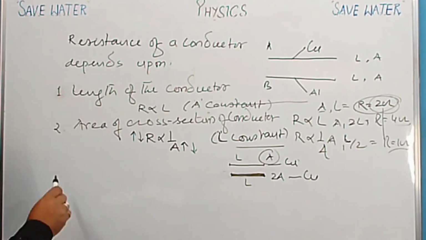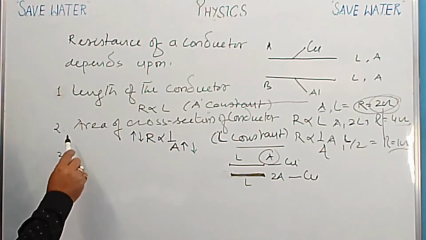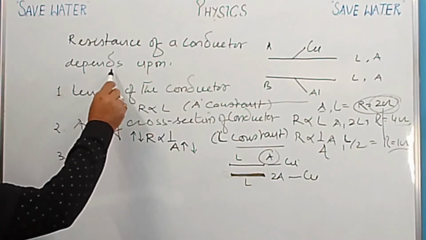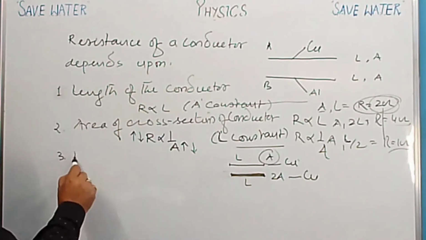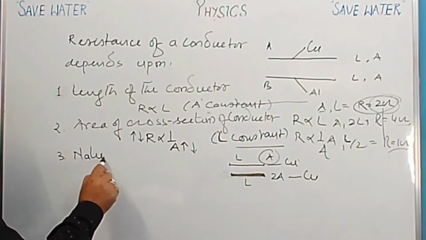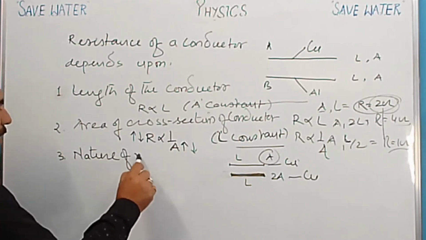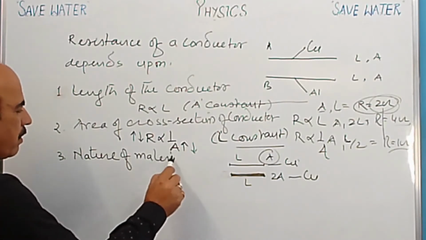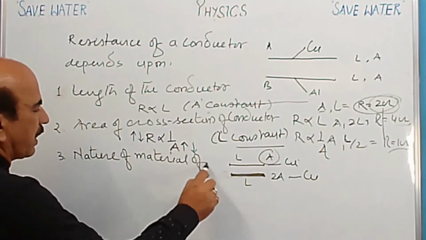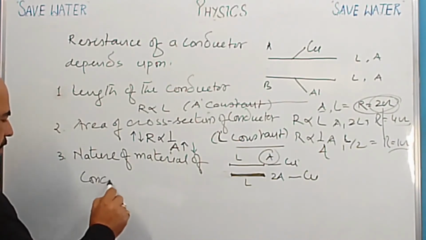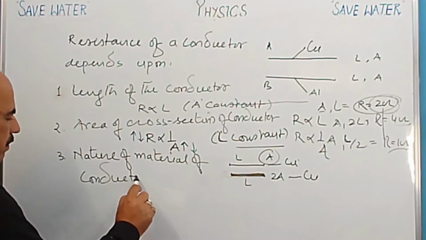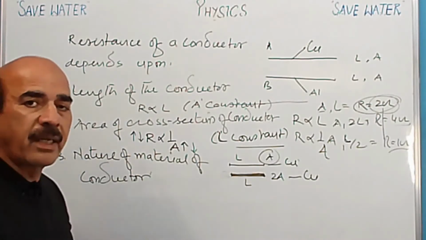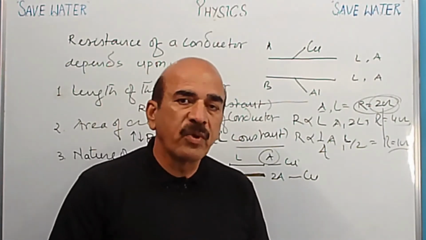Number 3 we did: resistance depends upon the nature of material of the conductor. That conductor may be of copper, aluminum, nichrome.